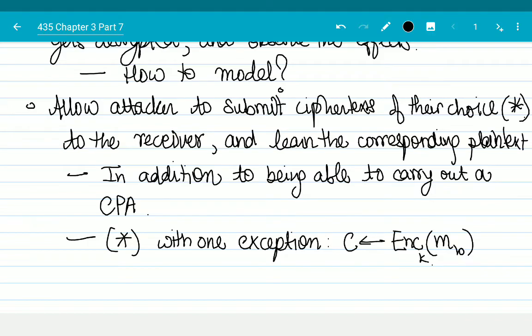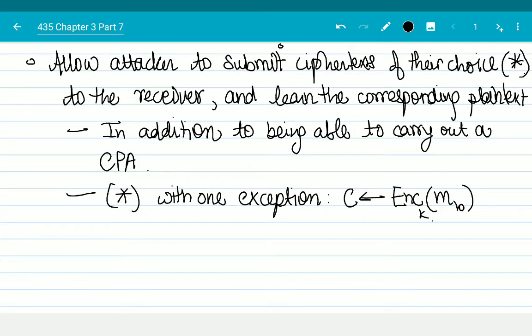Okay, that's the one that we are not going to allow it to be able to break. Everything else is fair game. So how do you model this? CCA security.